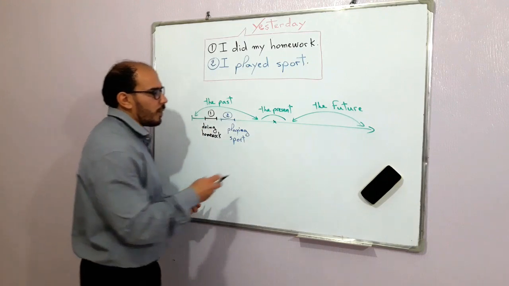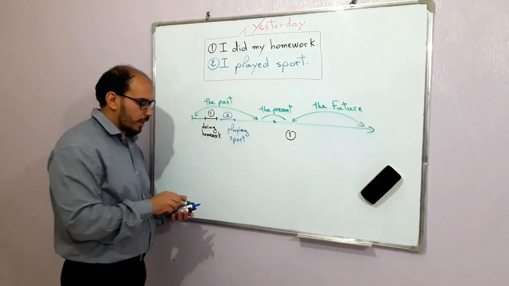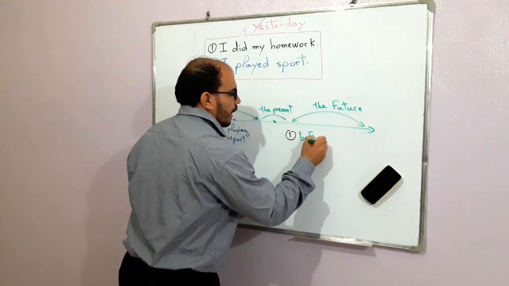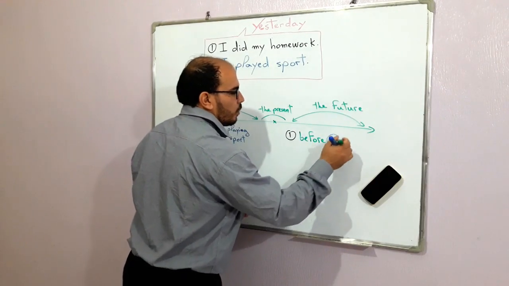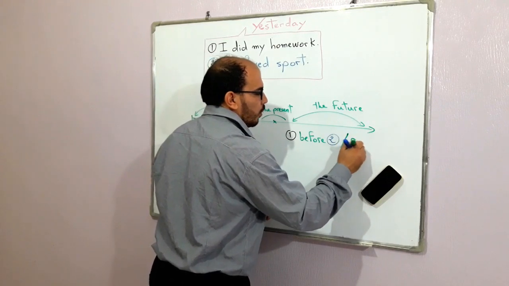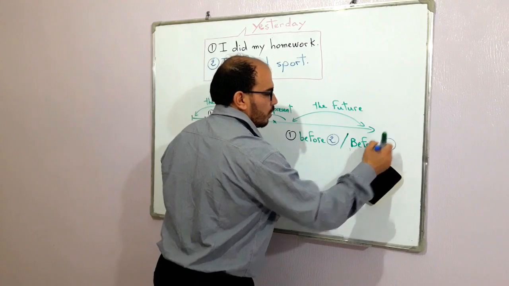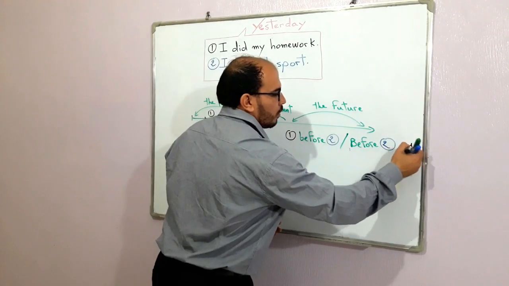And of course, we have activity number one that comes before activity number two. Or in another way, we can start with before and we say before activity number two, we have activity number one.